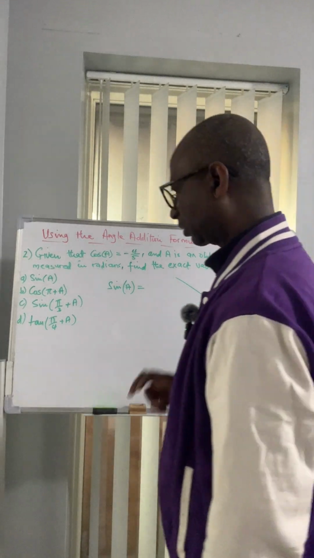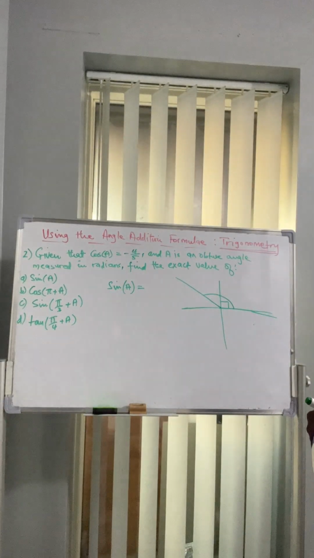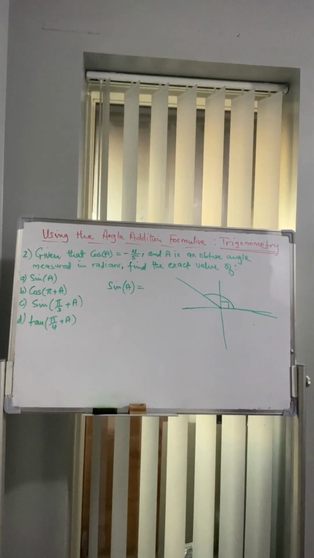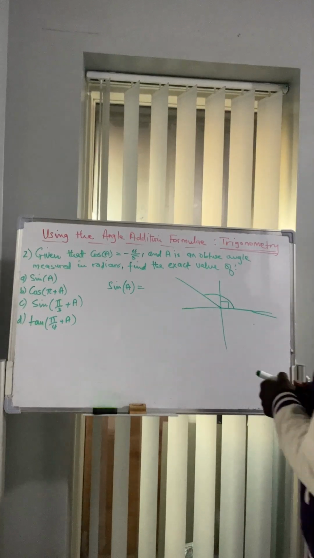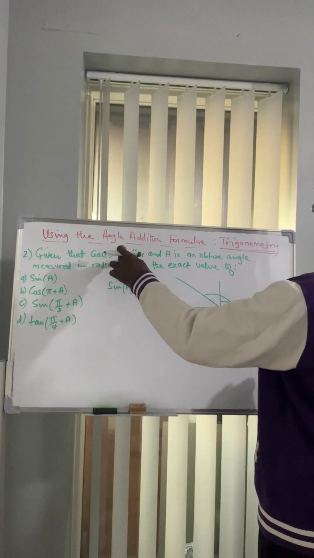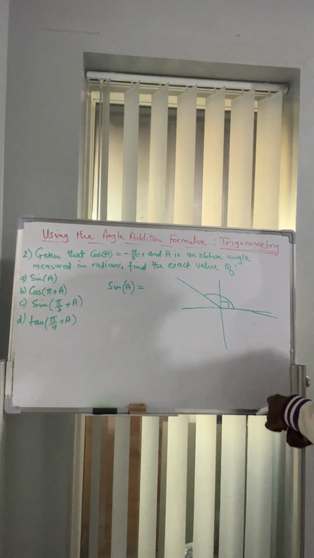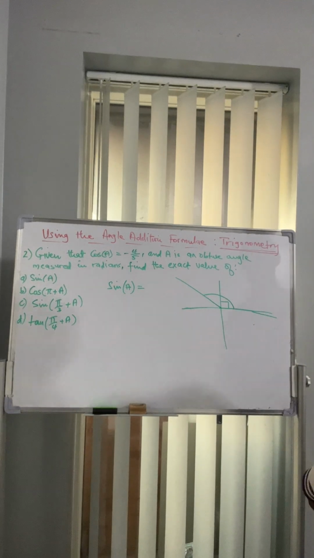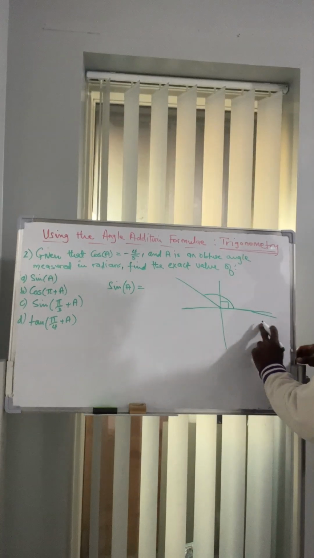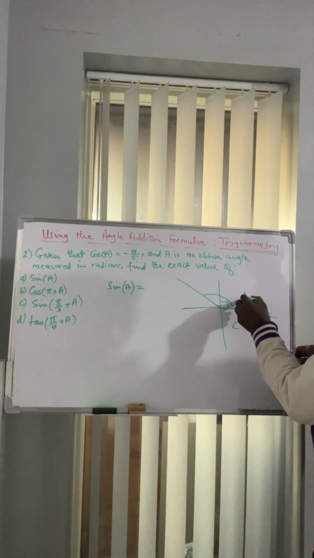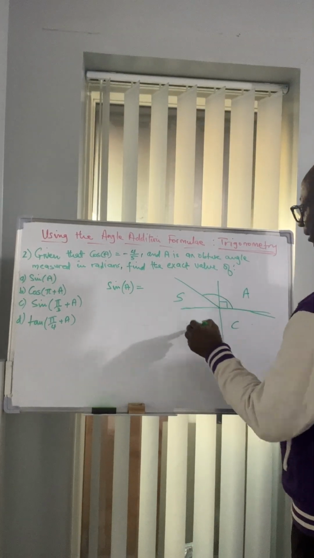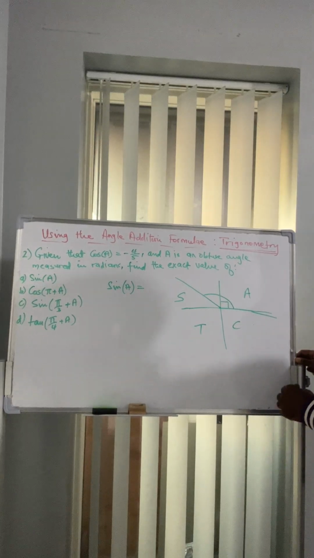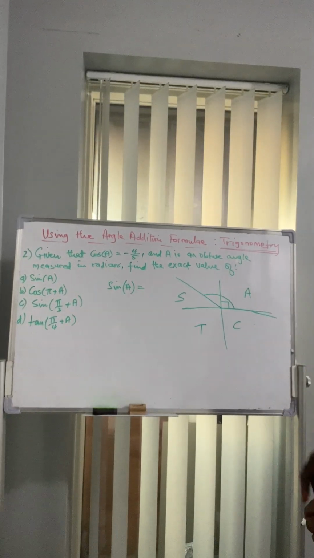So what does this diagram tell us? Given the cosine of A is minus 4 over 5. You have C, A, S, T. This is your CAST quadrant.